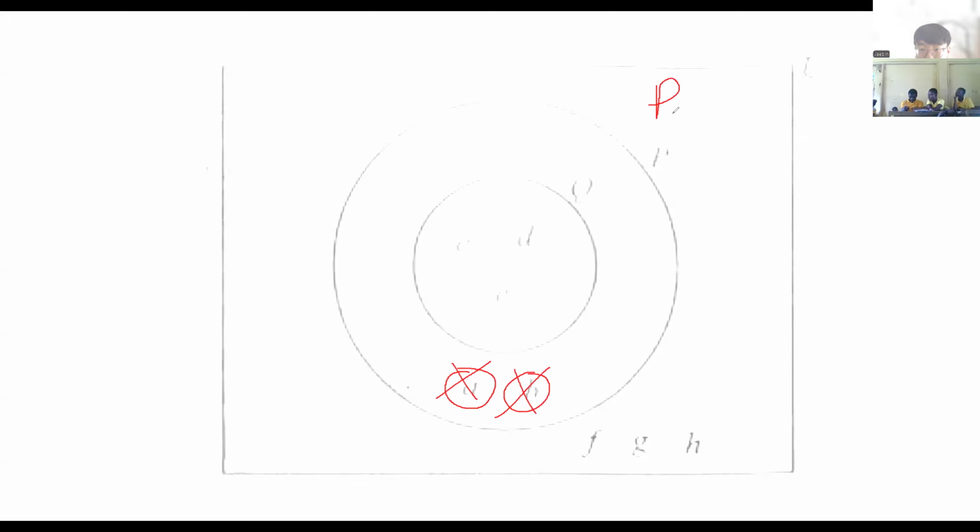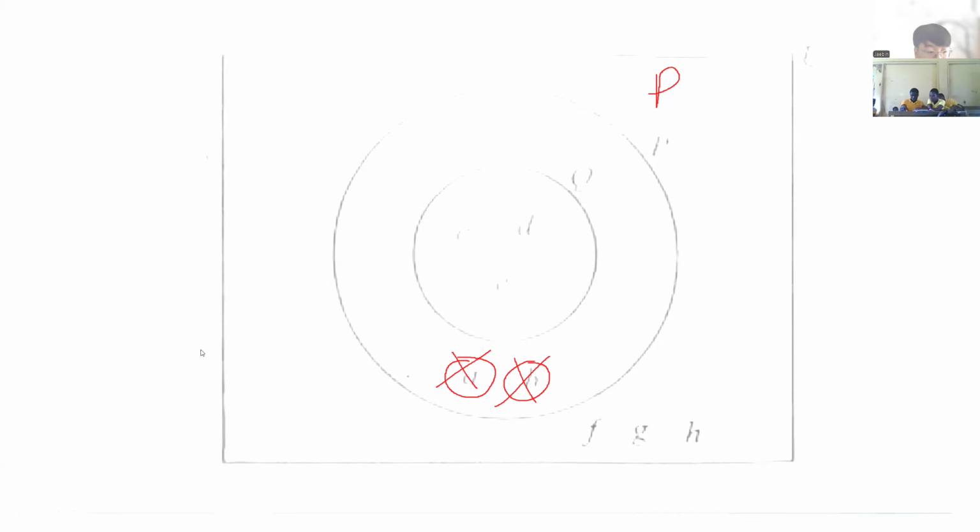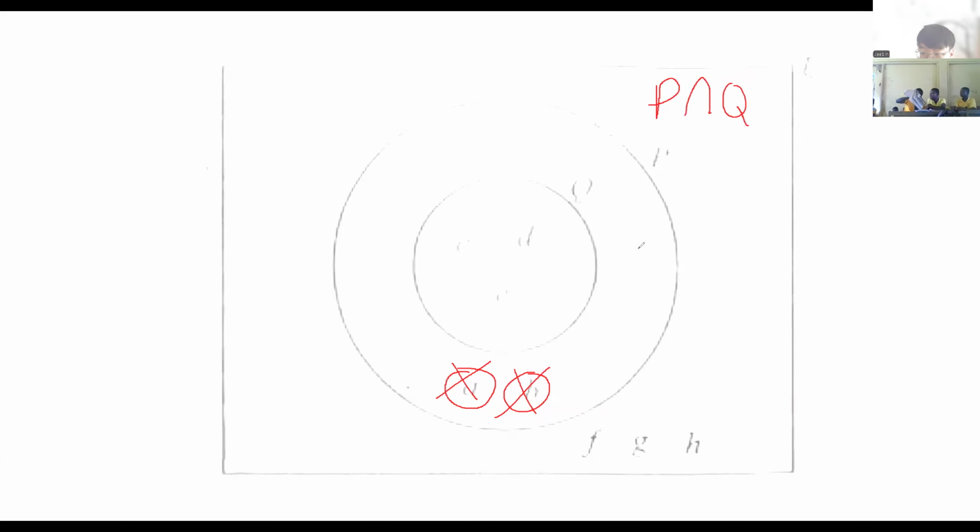What is in both P and Q? So P intersection Q. So only letters are C, D, and E. These three letters are the only ones that are inside both Q and P. Right?